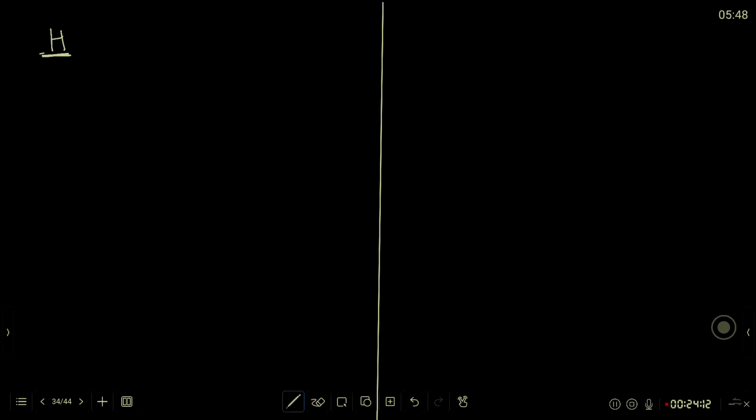Okay, this is the vector equation in my Cartesian coordinate system.